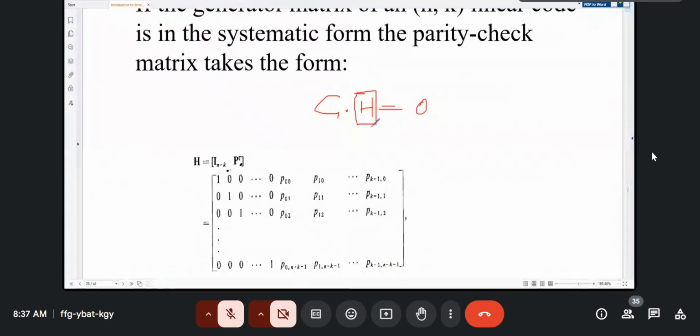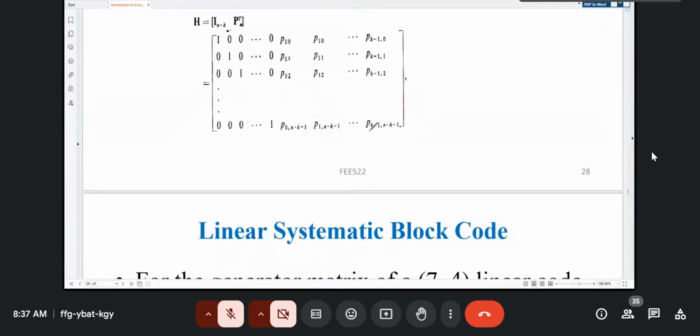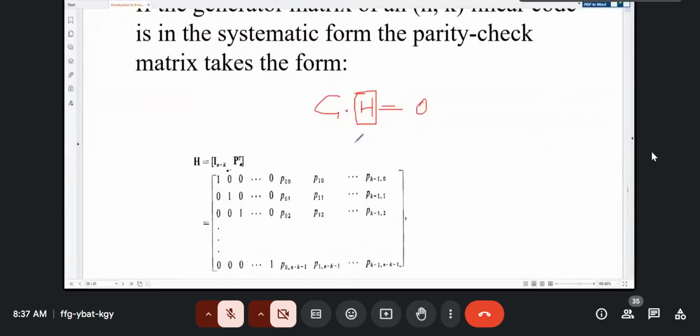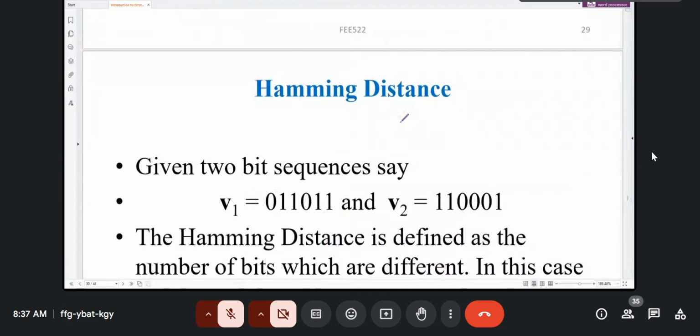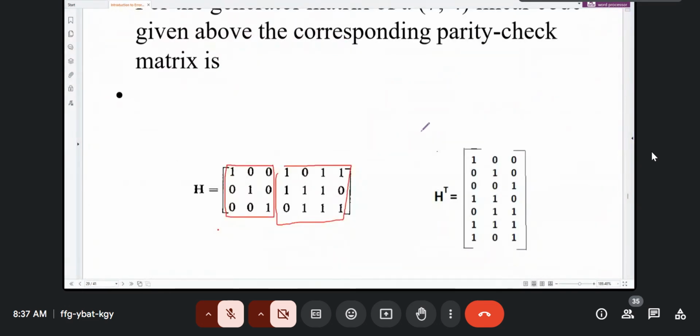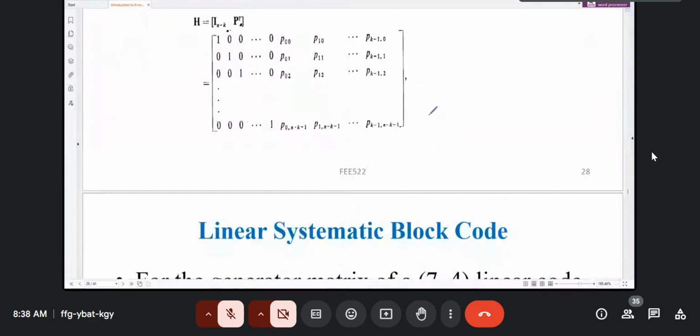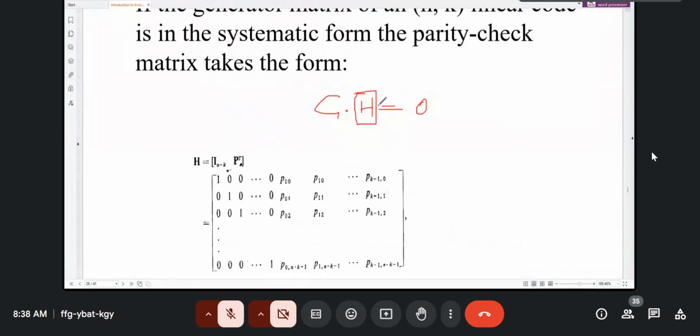And if you check these matrices, for example in our case, we have these two matrices. Sorry, I think you can't even multiply with H. That is misleading. It must be H transpose.